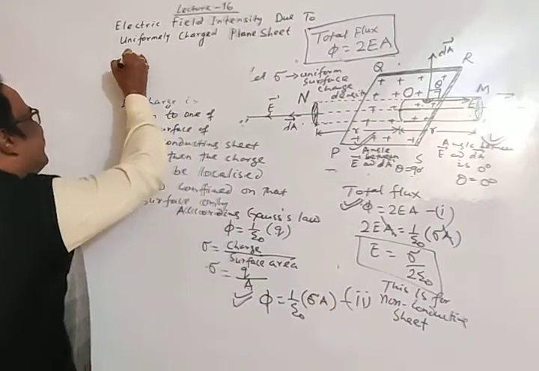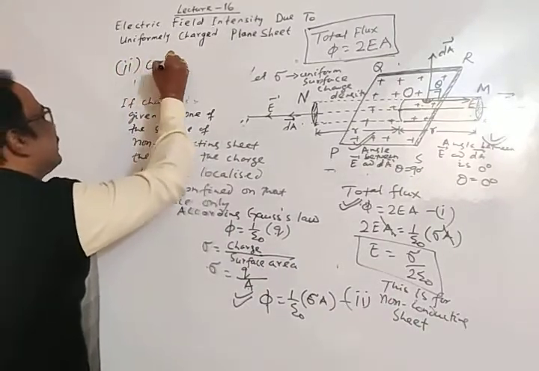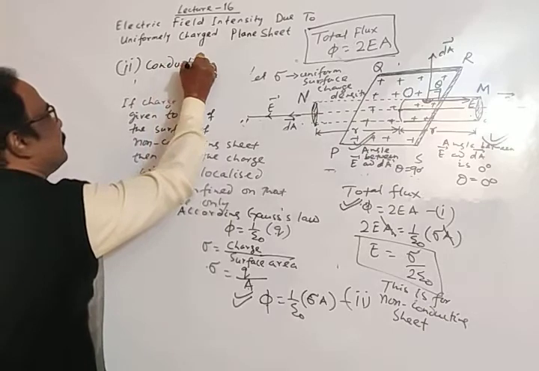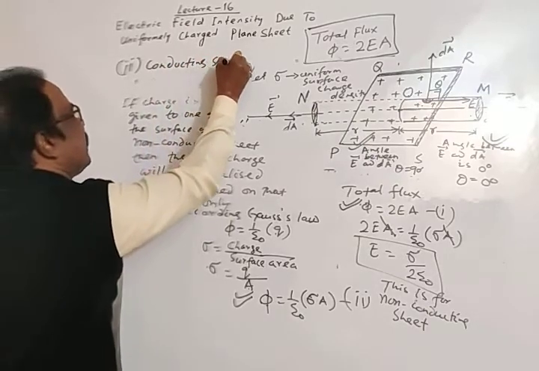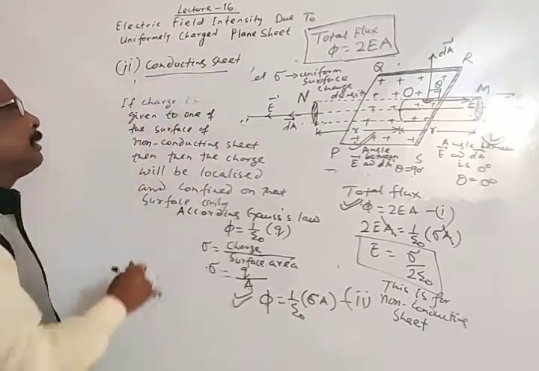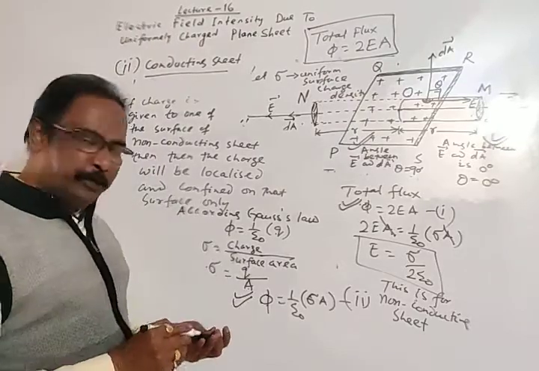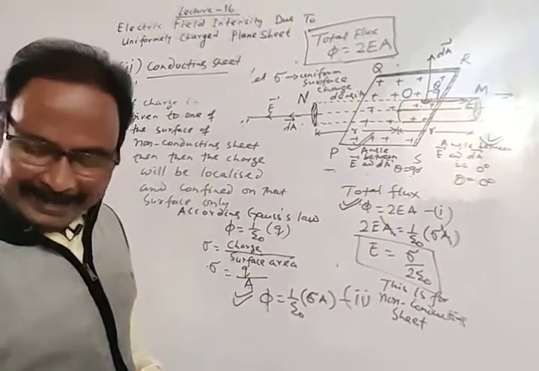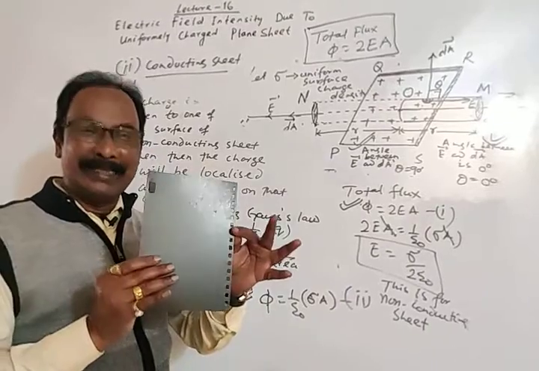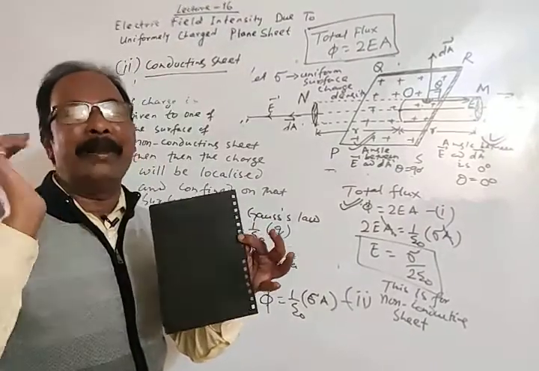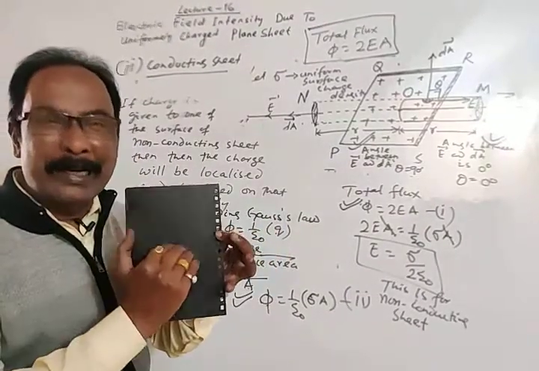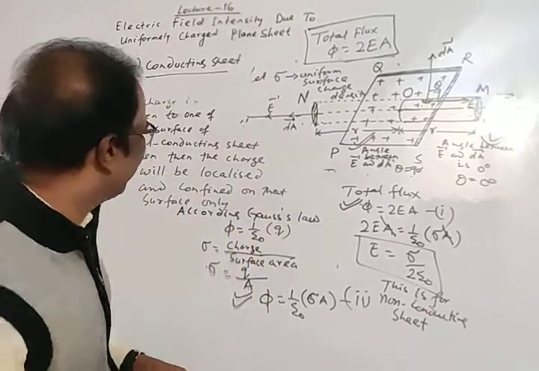Number 2, for a conducting sheet. Again the same assumption, the conducting sheet is a uniformly charged flat sheet or plane sheet. Suppose this is a conducting sheet. Charge is given to one of its surfaces.